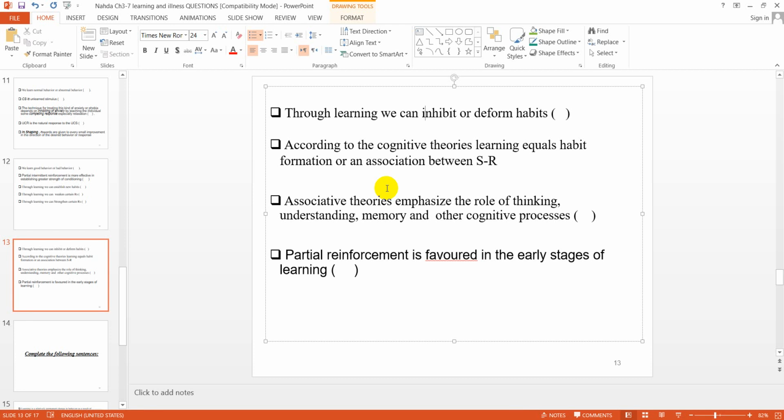Associative theories emphasize the role of thinking, understanding, memory, and other cognitive processes. Partial reinforcement is favored in the early stages of learning.